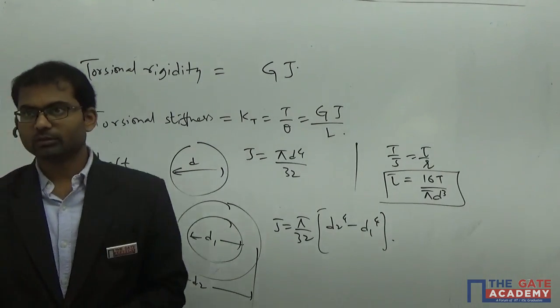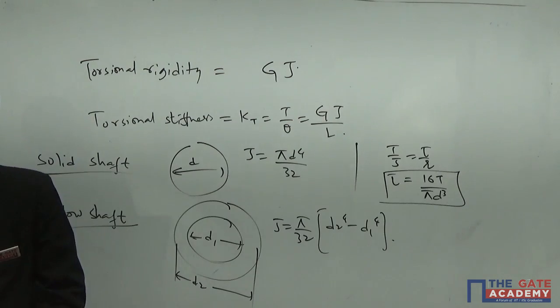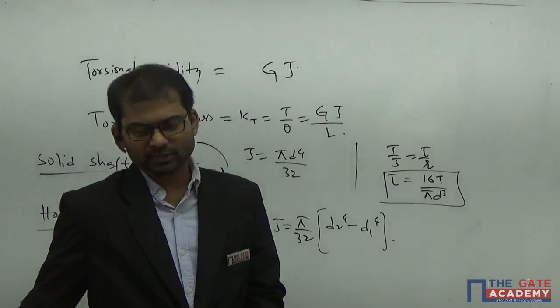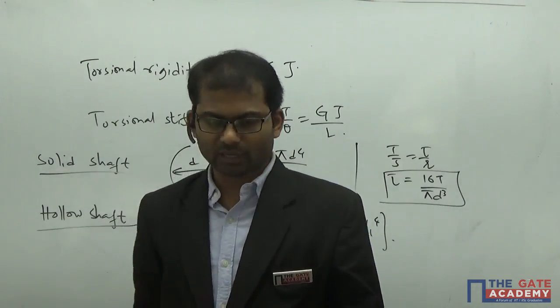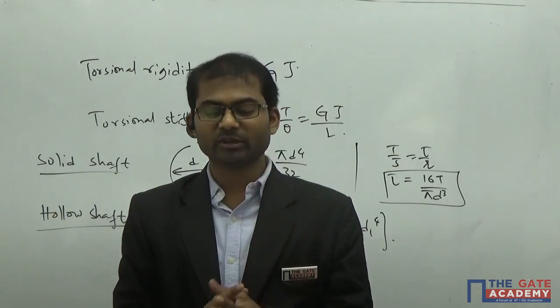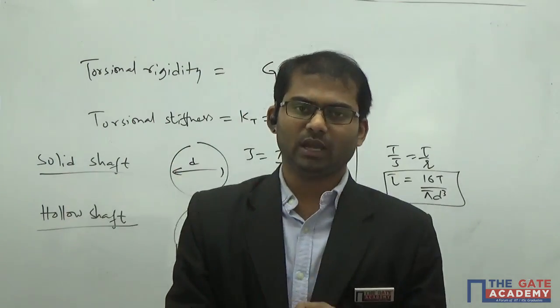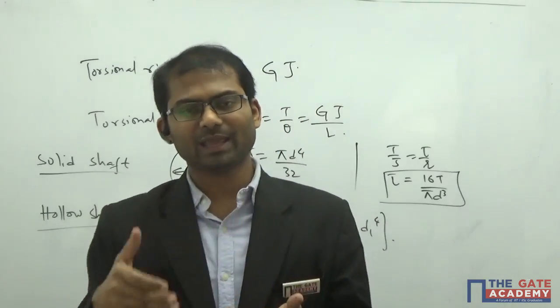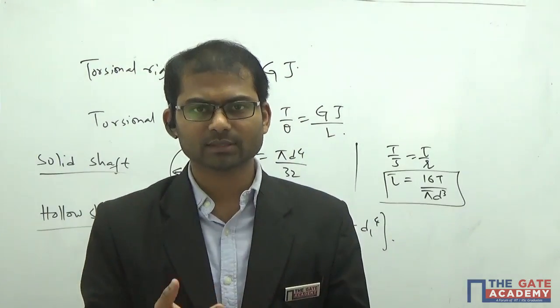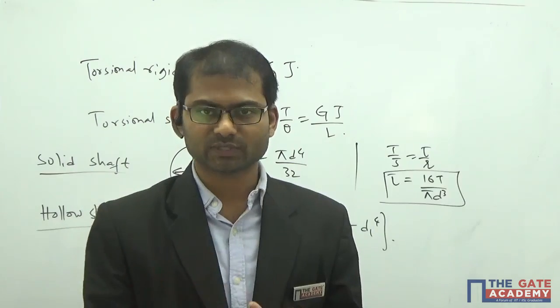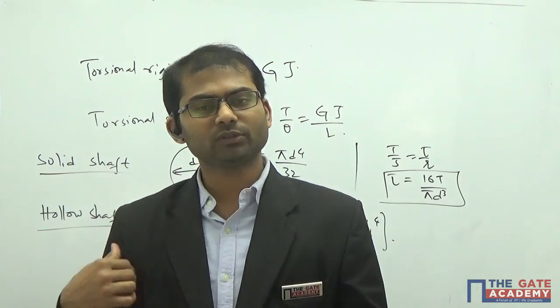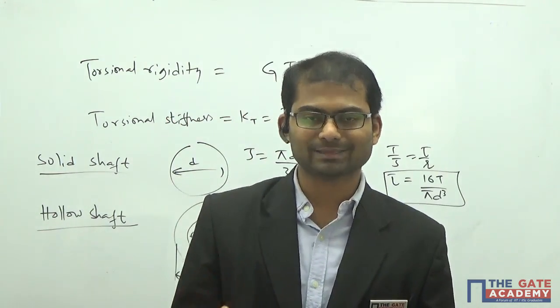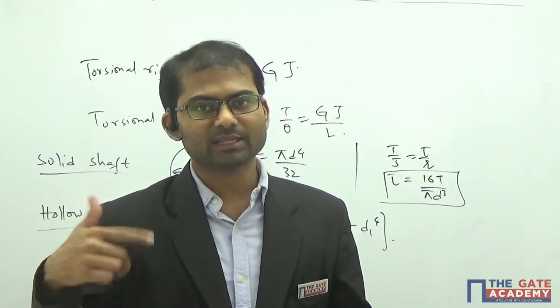Understand? Please copy them. I know that moment of inertia is represented as I, but in strength of materials we are going to use two moments of inertia: one about the longitudinal axis, and the other about the transverse axis. We use the moment of inertia about the longitudinal axis in this torsion chapter, and the other one in the bending chapter.